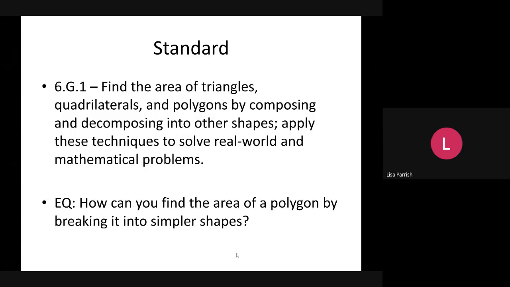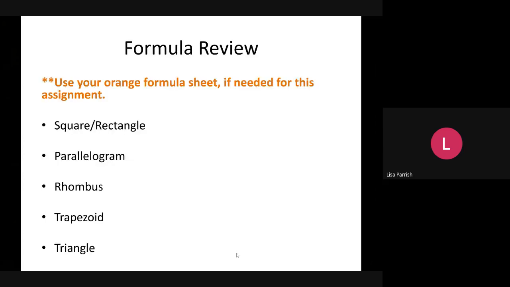We're still in the same standard we've been in, 6G1, which talks about finding the area of all these shapes. But just in case, we're going to review the formulas very quickly.